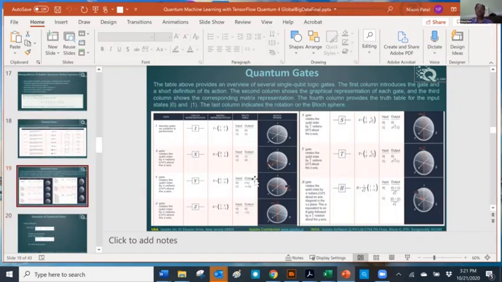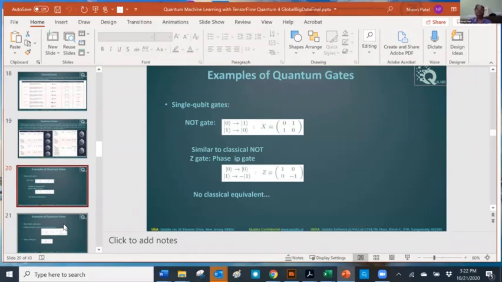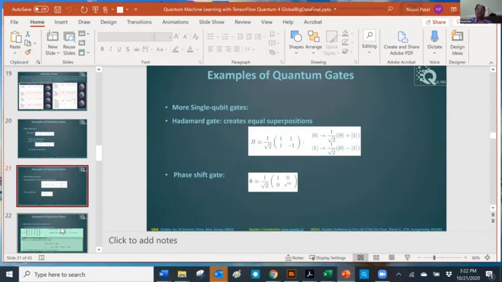You have the I gate, which is identity, which keeps the qubit in the same state. The X gate rotates the qubit along the x-axis, and similarly there are Y and Z for the y-axis and z-axis. There are a whole bunch of other gates. Because of the dearth of time, I don't think we can go into detail, but these are the various gates that are applied for doing the computations and eventually doing the logic in the algorithms.